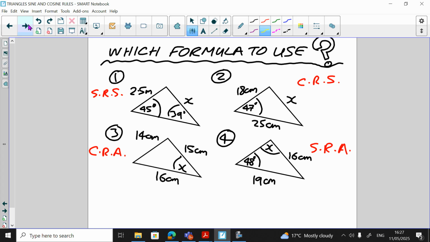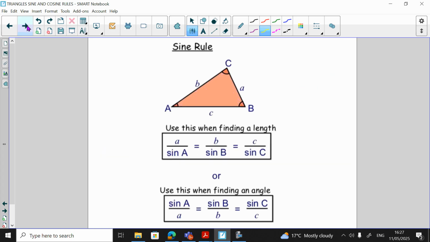I think I might finish it there. But just to recap on the sine rule, whenever you're looking for a side, use this version here.